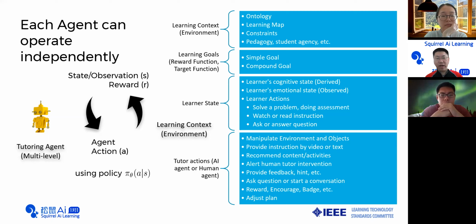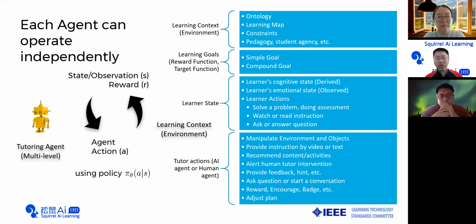On the right-hand side, you have the learning context, which corresponds, approximately, to the environment in the reinforcement learning literature, and the learning goals can be approximately mapped to the reward function or cost function of RL.